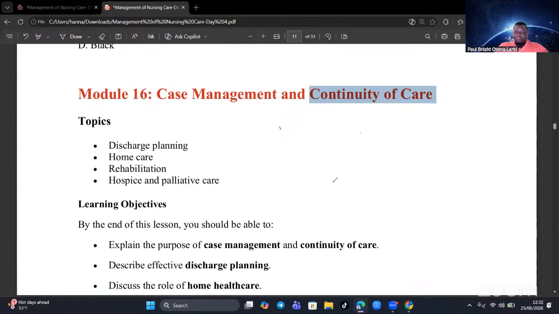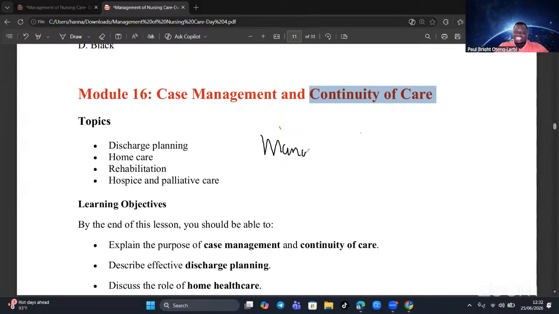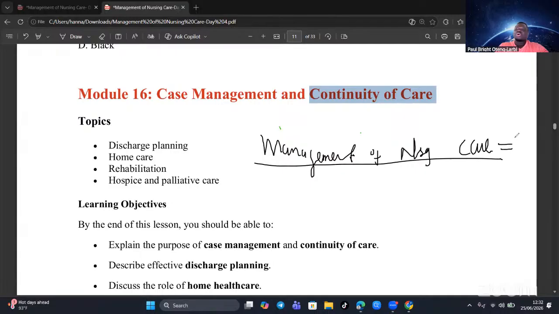Remember, we have management of nursing care, which can be done by all nurses, whether you are a nurse, a student, whatever. Then we have case managers, which is a specialty.